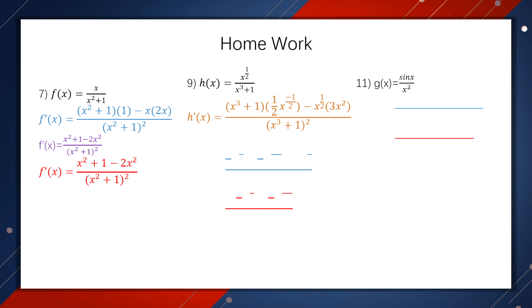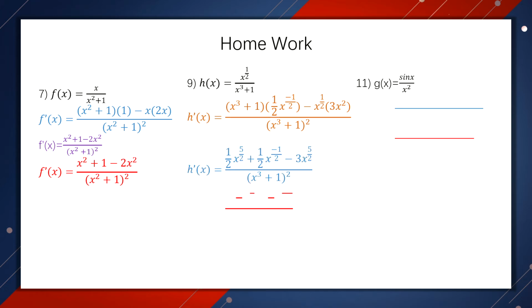So in the next question, it's h of x equal to x square root over x cube plus 1. So the first step is x cube plus 1 times 1 over 2 times x to the negative 1 over 2, minus x times x to the 1 over 2 square times 3x square, over the x cube plus 1 square.